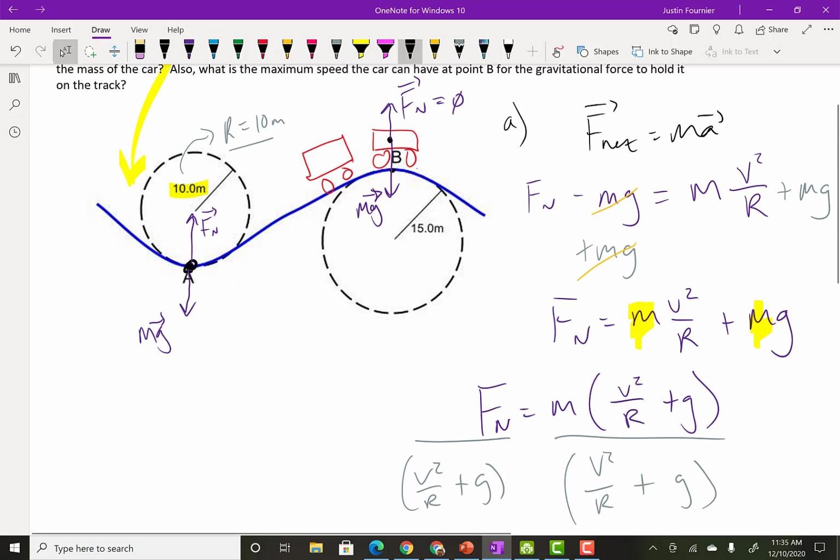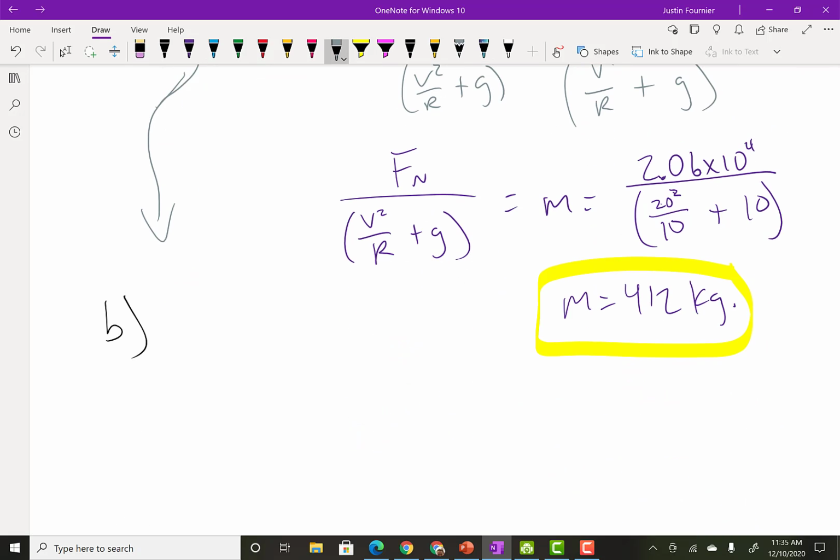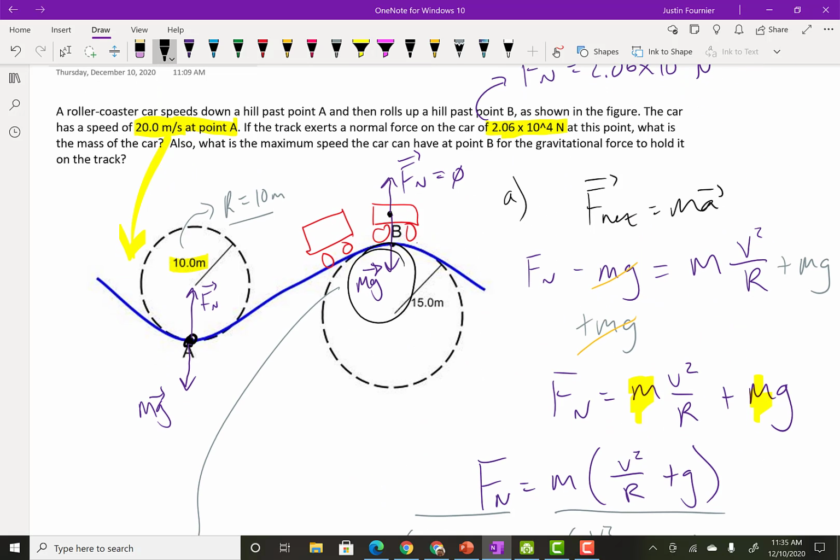So if I was to do this on a problem, I'm going to do this in part B right over here. I'm again doing F net equals ma, and I'm going to include the normal force, but then set the normal force equal to 0. F net towards the center of the circle is the positive direction. We established that in class.